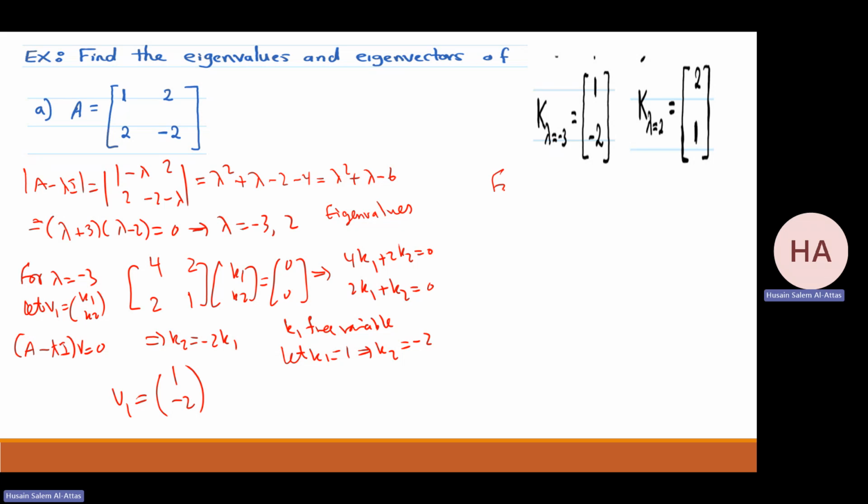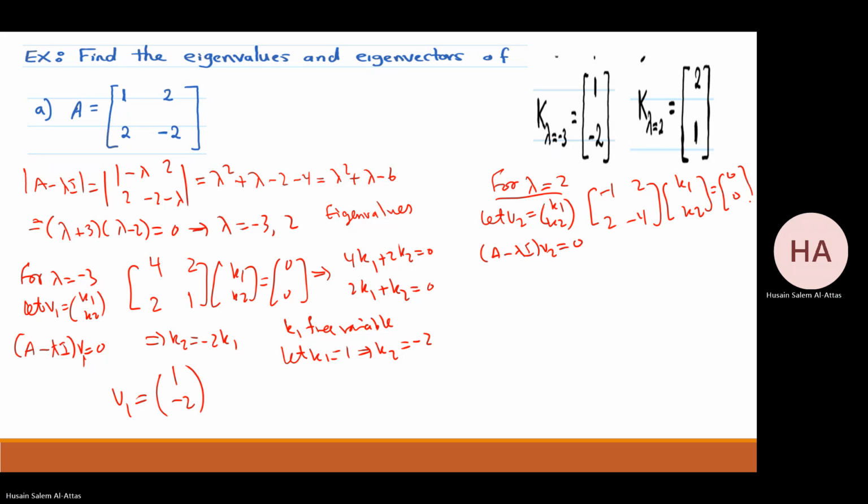So now for lambda equal to 2, what will I get? I let V2 be K1, K2, and I need to solve this system. So I have 1 minus 2, that's minus 1, 2, and I have 2, minus 2 minus 2, minus 4, times K1, K2. It seems I have two equations, actually they are only one equation.